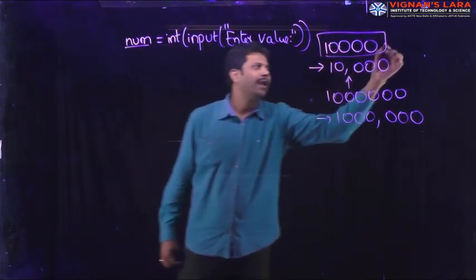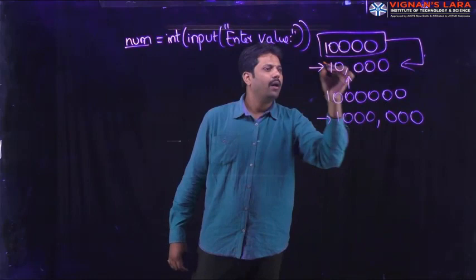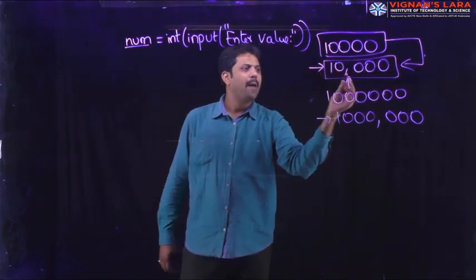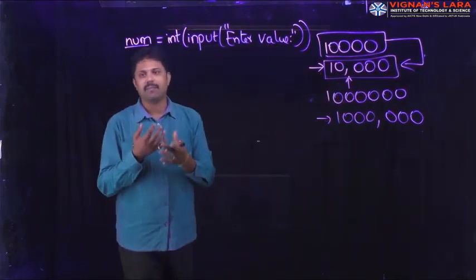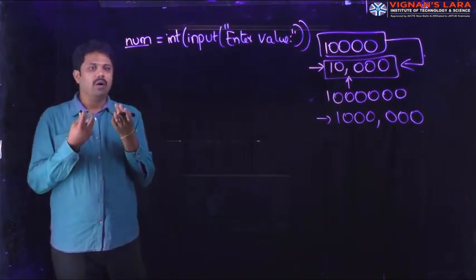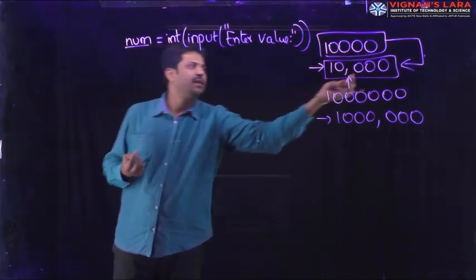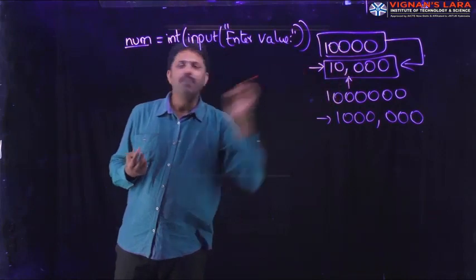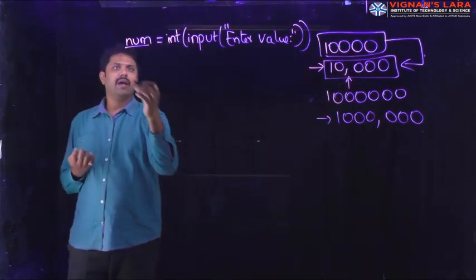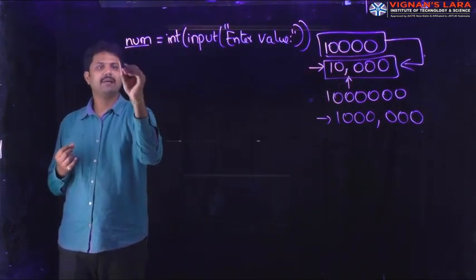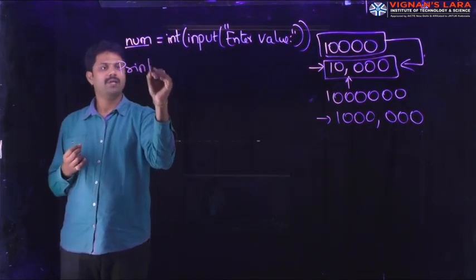I convert this number in this way by adding commas. How many commas you want is based on the number of digits we have. So let us see. Here we have a simple syntax.